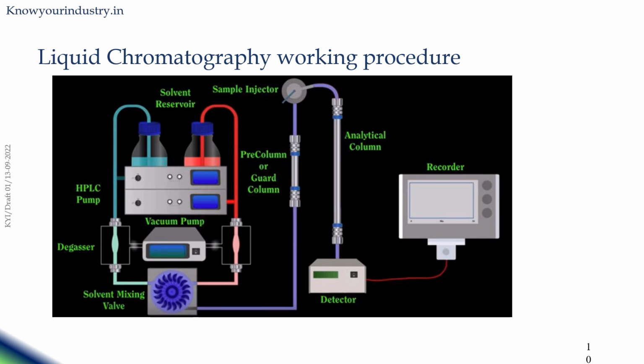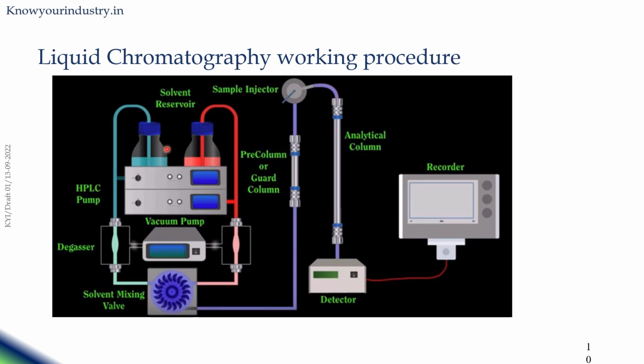This is the schematic representation of an HPLC system, demonstrating the different parts and the flow of the entire system. First it starts with the solvent reservoir or mobile phase containers, which are generally glass bottles.